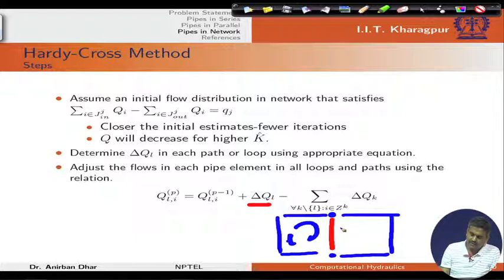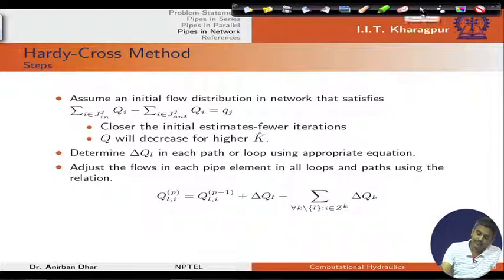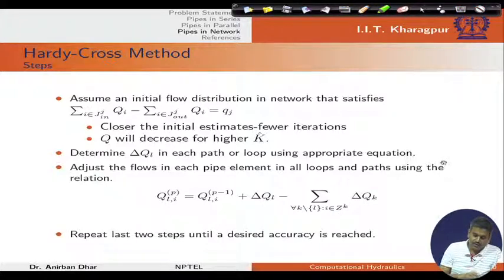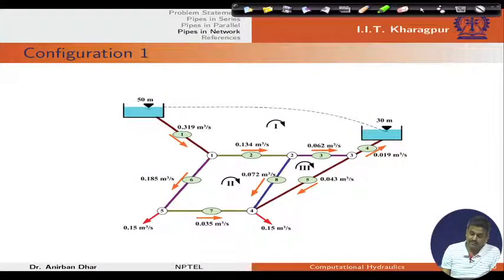So, in this case we need to subtract that quantity, which will be the discharge from delta QK. Now, we need to repeat this until we get convergence up to the desired accuracy.